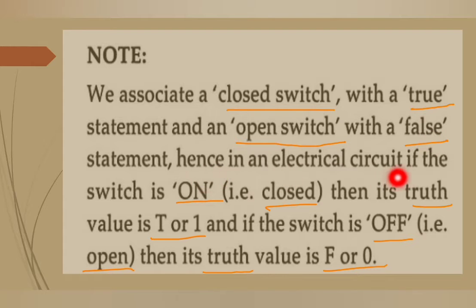Hence in an electric circuit, if the switch is on, that is closed, then its truth value is T or 1, and when the switch is off, that means open, then its truth value is F or 0.